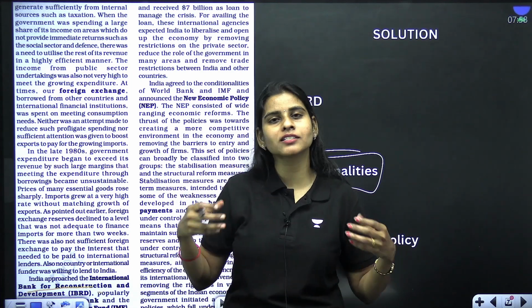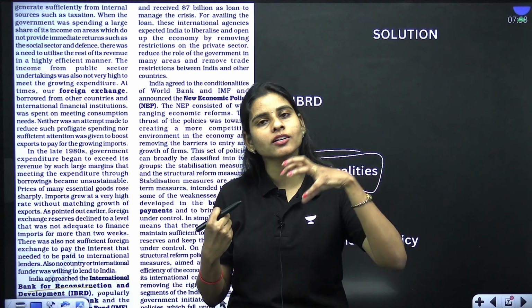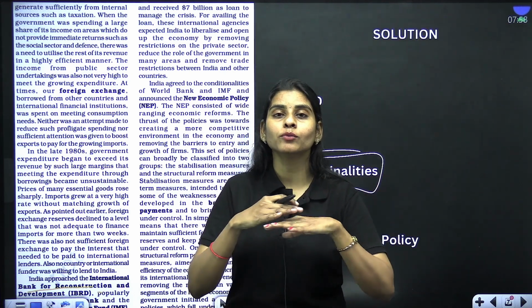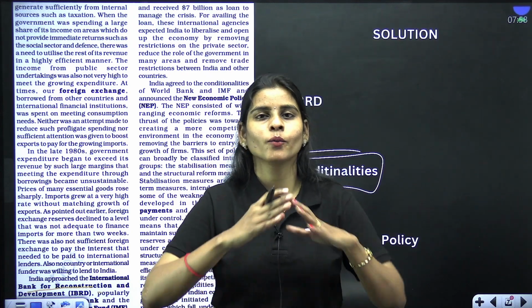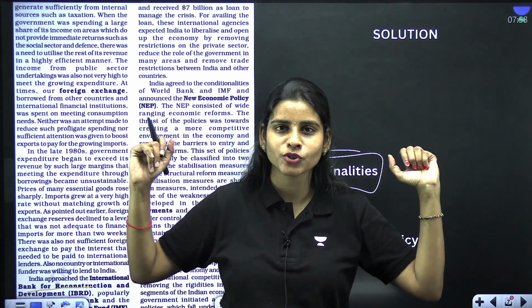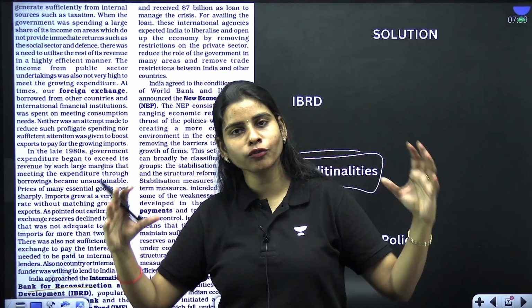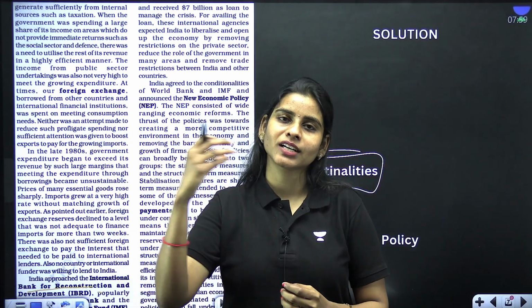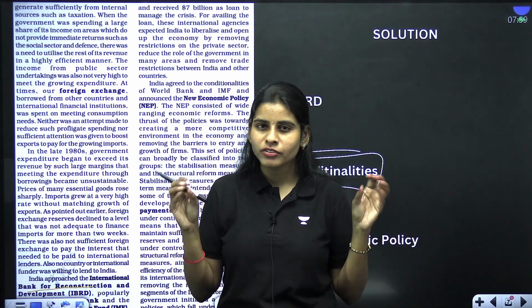So how can we generate a sufficient amount of forex reserves? By attracting investments. How can you attract investments in the country? By removing the restrictions. Did we have any restrictions? Of course, yes. We had tons and tons of restrictions in place that prevented the free flow of capital from different countries into India. So now the IMF is very concerned and very worried.